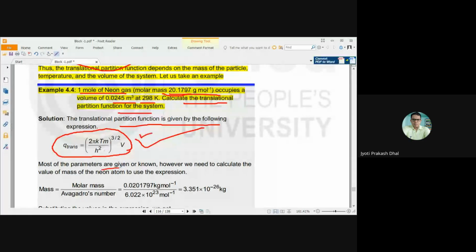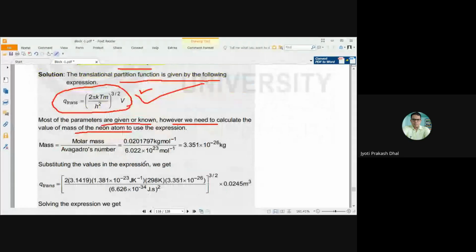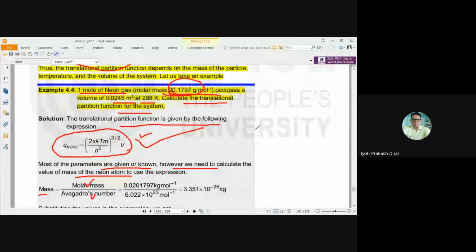Now most of the parameters are given or known. However, we need to calculate the mass of one neon atom to use this expression. Here the molecular mass of neon is there, but we have to calculate the mass of a single neon atom. So the mass of a single neon atom equals molecular mass divided by Avogadro number. Molecular mass means the mass of Avogadro number of neon atoms.